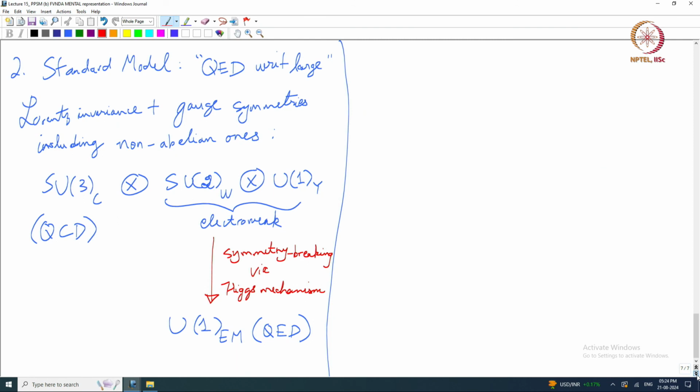Now, to take a simple example, if the internal symmetry involved say a phase change like this, okay, if a theory is invariant under a phase change like this, all right.